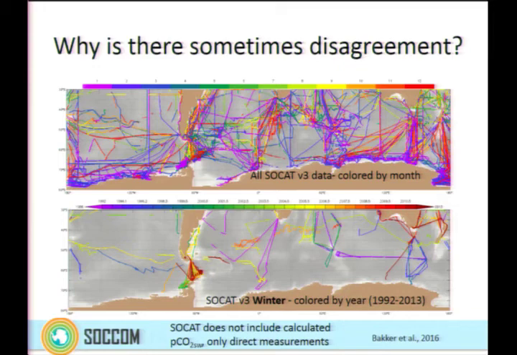The color is the month. But if you take just winter data, which is June, July, August, and now this is colored by year, we see that there really isn't very much data. So even though we have a large uncertainty on our estimate, I think we're still going to be learning something from the floats.